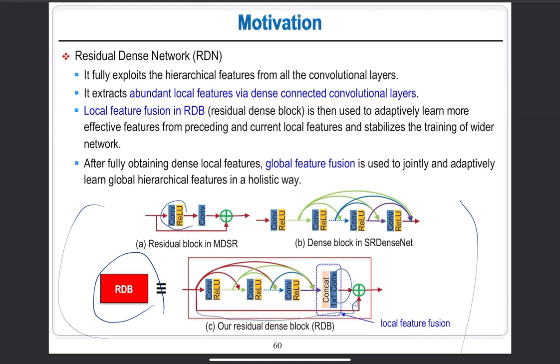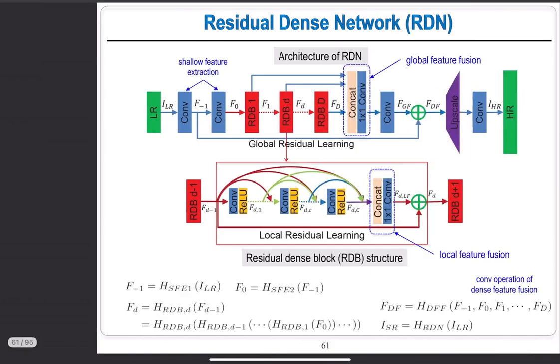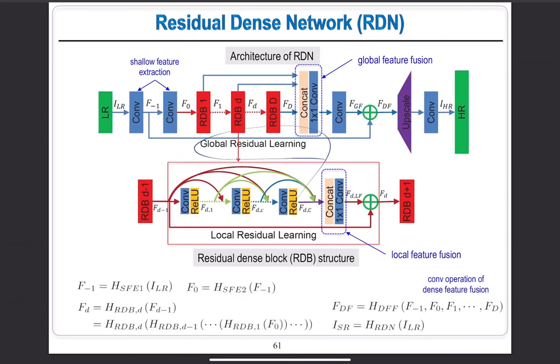Residual connection, as shown here. And at the end, global feature fusion combines the outputs, as shown here, global residual learning and global local residual learning. Global feature fusion combines the outputs from all RDBs and passes them to the upsampling module, as shown here.